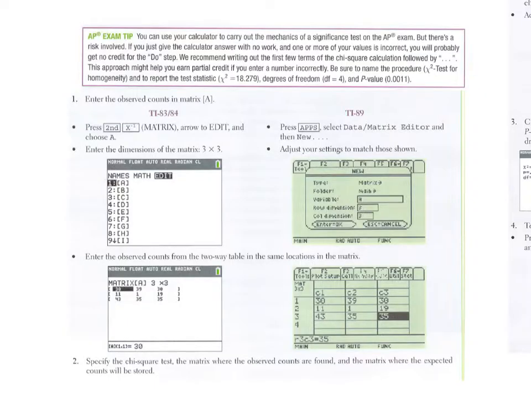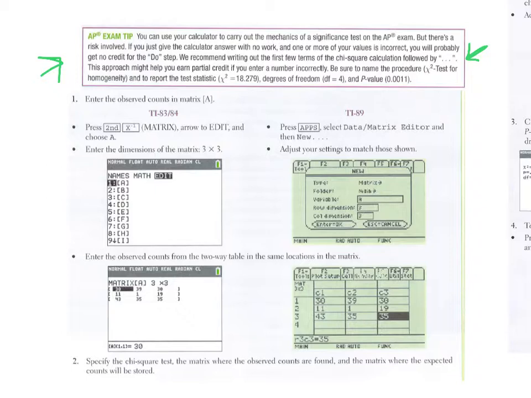So let's look at how to do this on your calculator. Pay attention to your tips here about using your calculator. You're welcome to use it. Just make sure that you are going to get some credit, hopefully, on that do step. It tells you here the best way to get credit is to write out the first few steps to calculate, and then go ahead and punch in your numbers from your calculator.